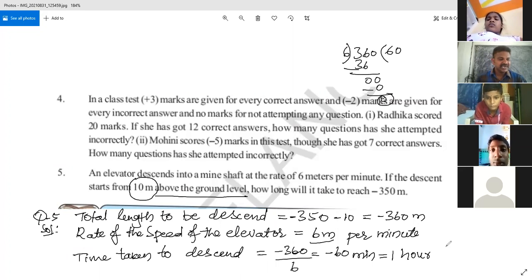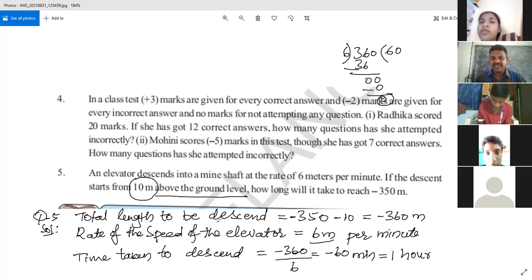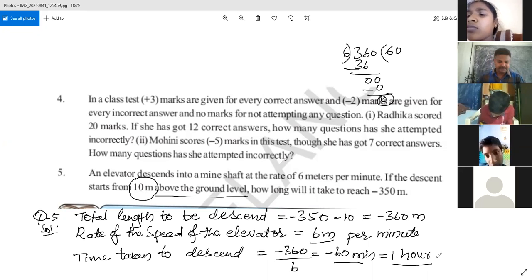Okay? For 1 minute it descends 6 meters. To descend 360 meters, it takes 60 minutes, as I have shown on the board. So 60 minutes equals 1 hour.